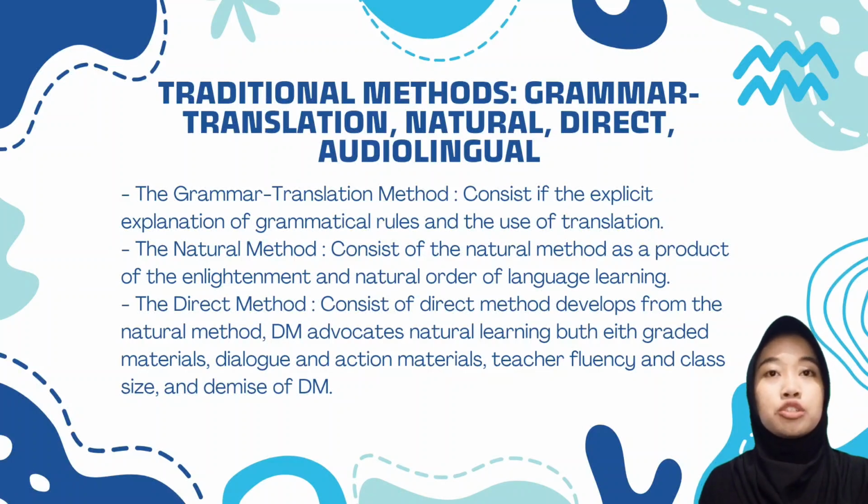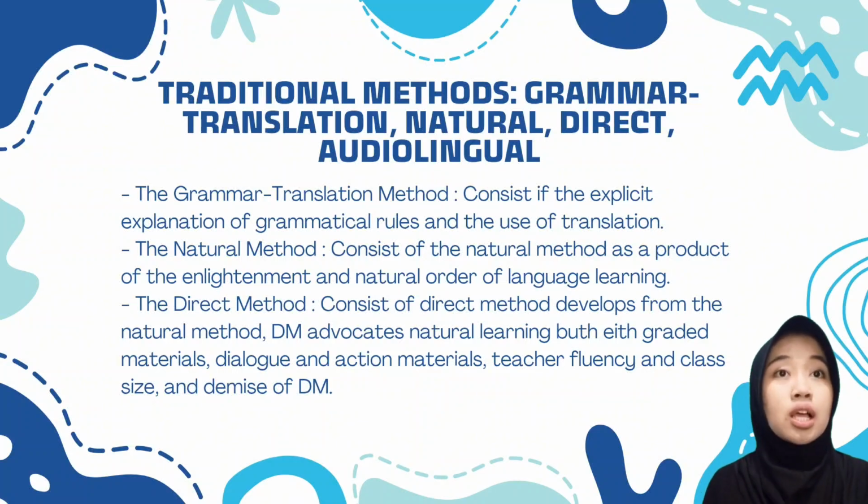The main feature is to follow the natural sequence of language: first listening, second speaking, third reading, and last writing. There is no direct grammar instruction or translation. Learning happens through situational, spontaneous conversation using only the target language. Teachers use gestures, context, and demonstration to convey meaning, focusing entirely on oral communication.